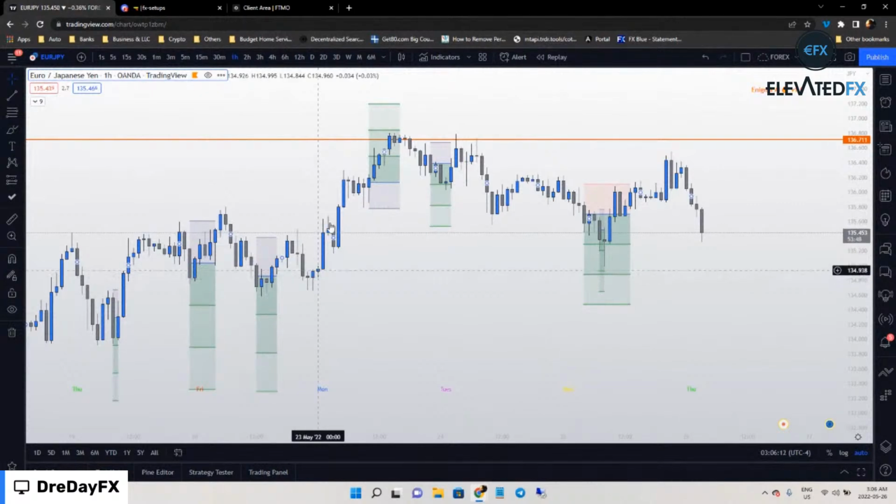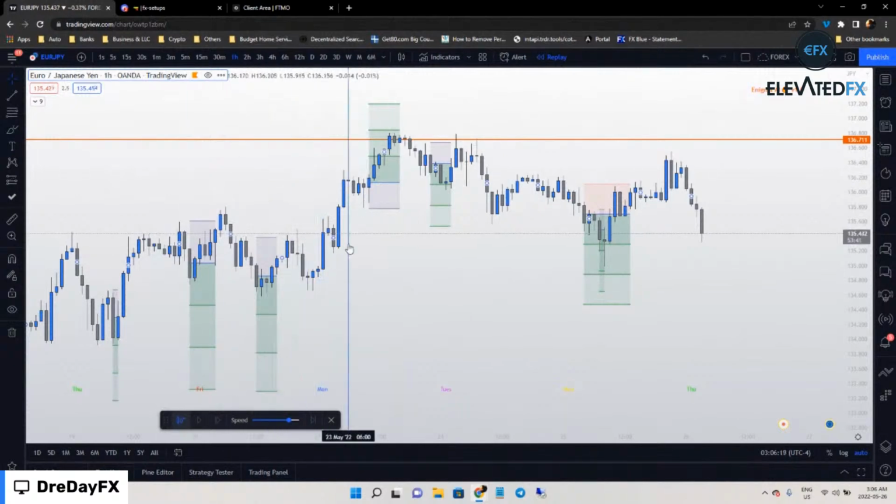Okay, so we're just going to do a replay, so that way you're going to see exactly how it's printed out on the chart with TradingView. So we always use TradingView to have the system working on your TradingView account, once you have upgraded your free account. So let's start here.